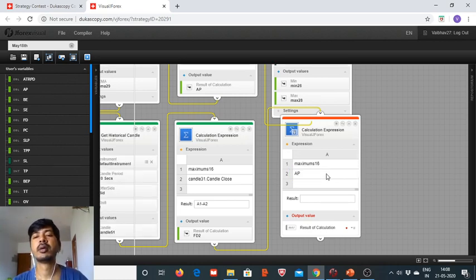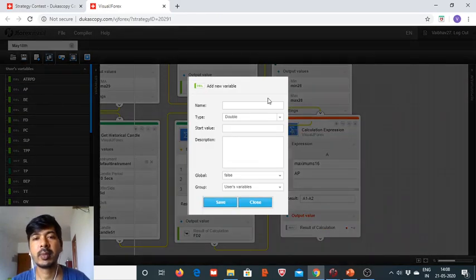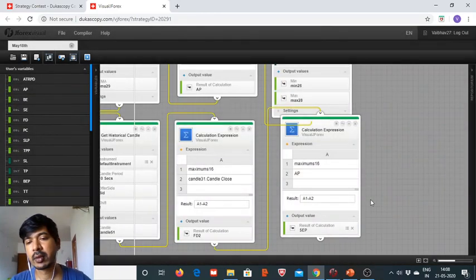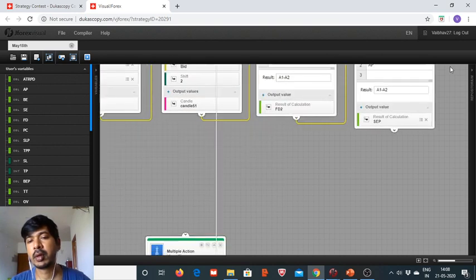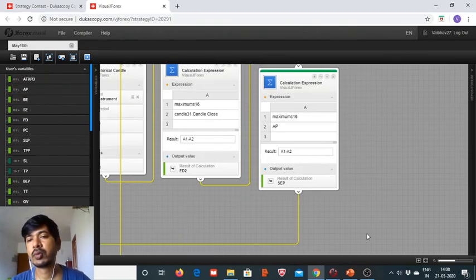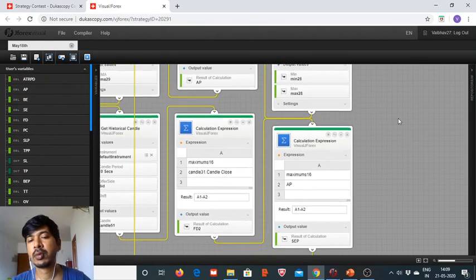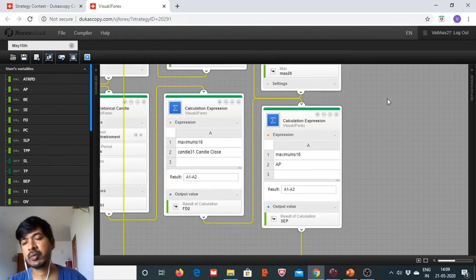So here we now need to do A1 minus A2, and this will be SCP, sale execution price. So here we join this to. Now we have defined the entry point for sale trade.